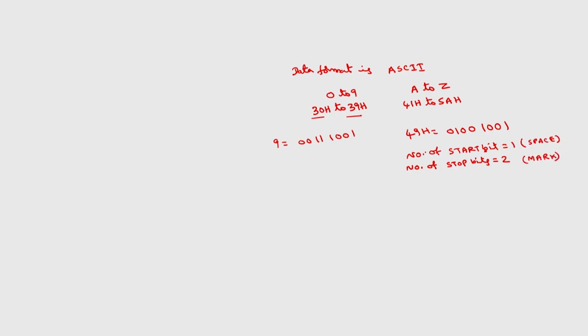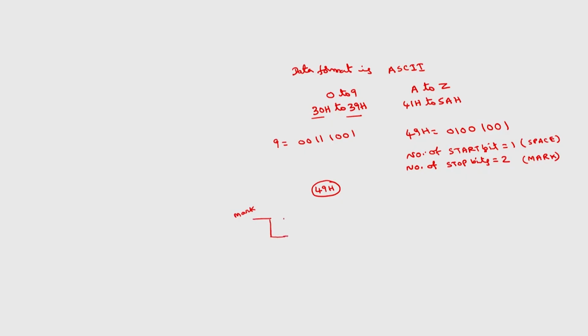So, what is the format that you have to send now for 49H? First, initially, without transmitting the data, it is mark. This is the point where I am just starting the transmission of the data. This will be 1 clock period duration.